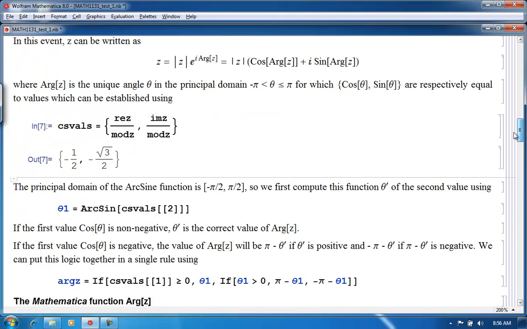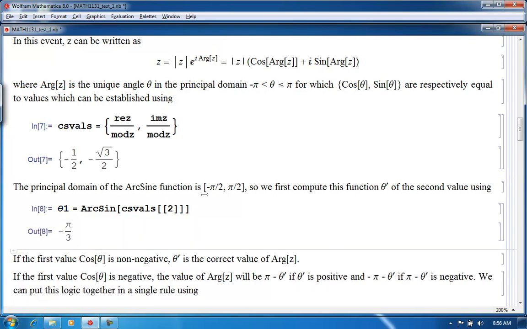How do we calculate those? Well, the principal domain of the arcsine function is minus pi over 2 to plus pi over 2. So we first compute an angle theta prime or theta 1, which is the arcsine of the second part here, which is minus pi over 3.